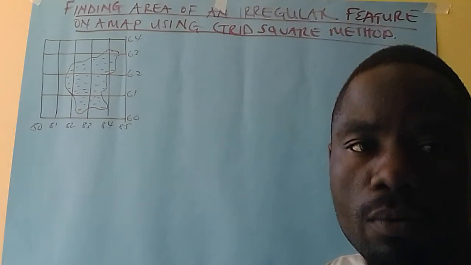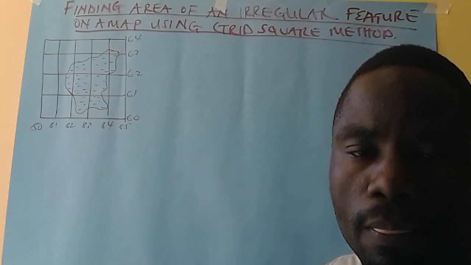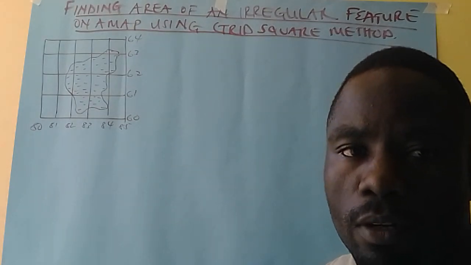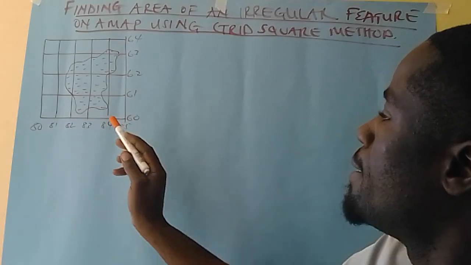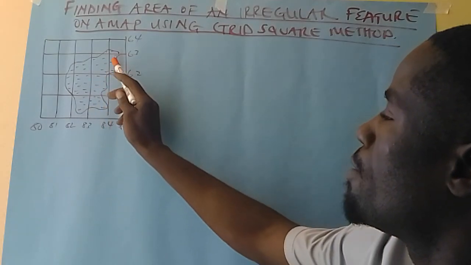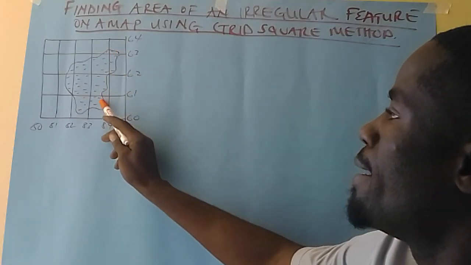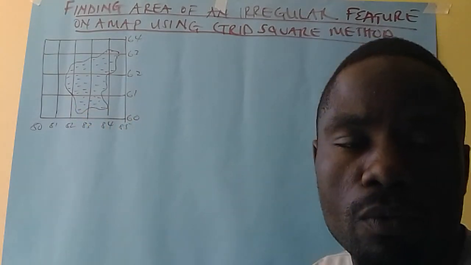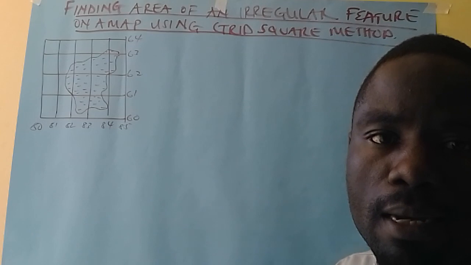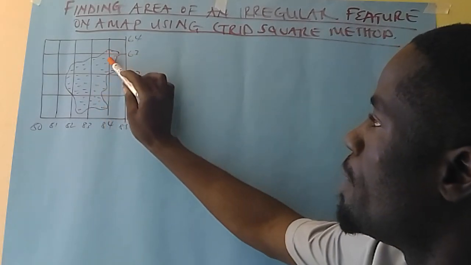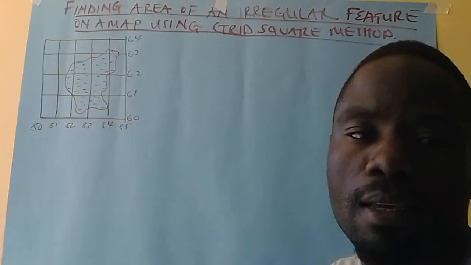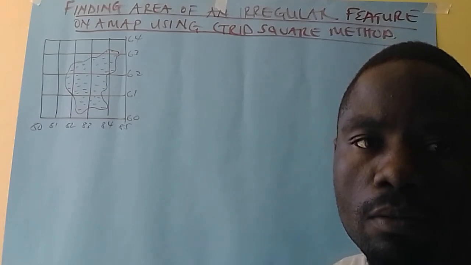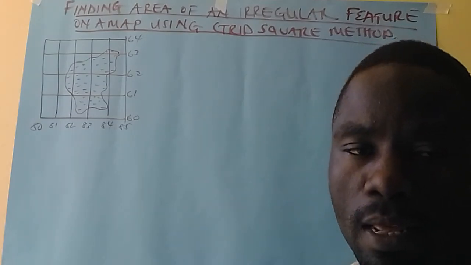So we looked at how we could find the area of a regular object on a topographical map. Today we are going to look at finding the area of an area which is irregular on a topographical map. But remember the other time we talked about methods of how we can find this. If the area is irregular, that means there is no shape, there is no formula we can use there.